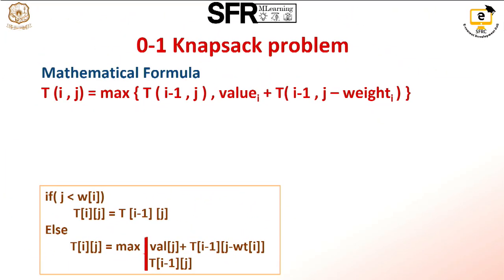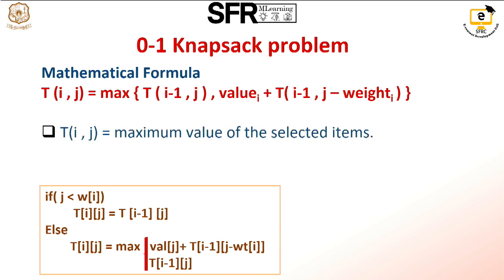The formula to fill the cells is T[i][j] = max(T[i-1][j], value of the item + T[i-1][j - weight of the item]). Here T[i][j] is the maximum value of the selected items.